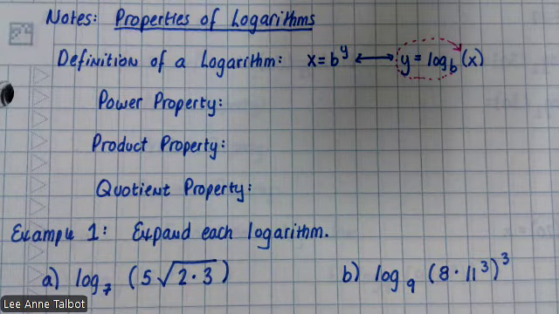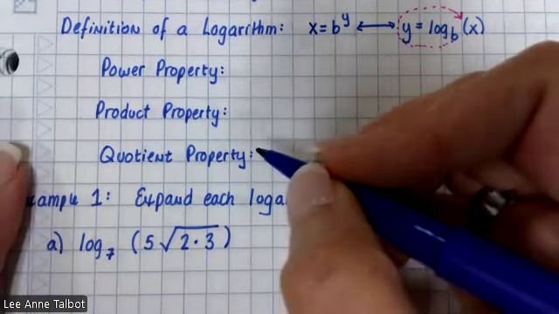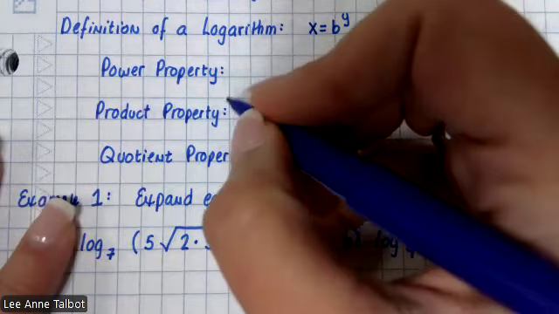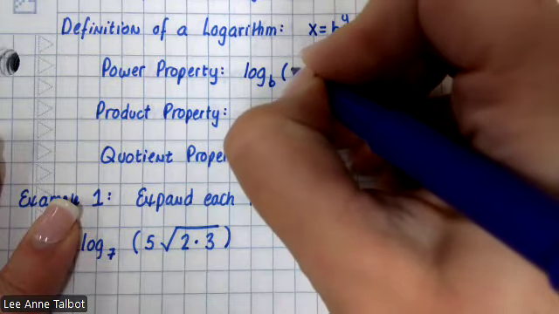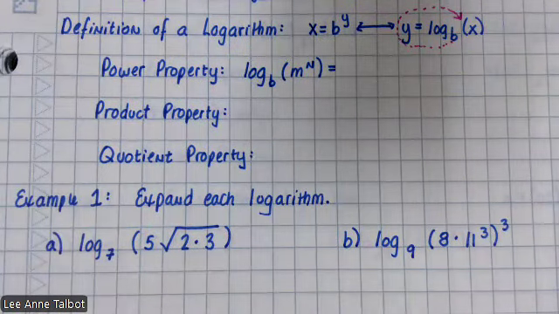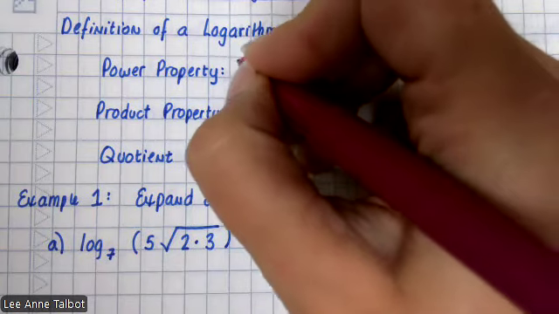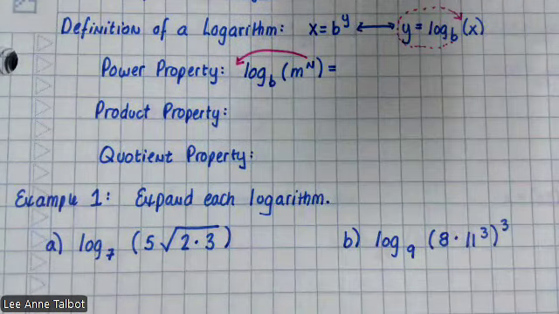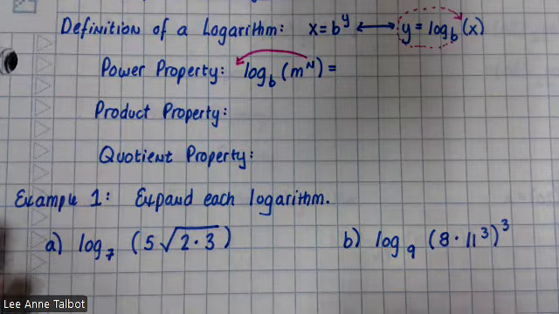Okay. Now, power property is what we learned yesterday. And that is log base b of m to the n. If you have a different color, you can, you don't have to. So power property is what allows you to bring that exponent in front.